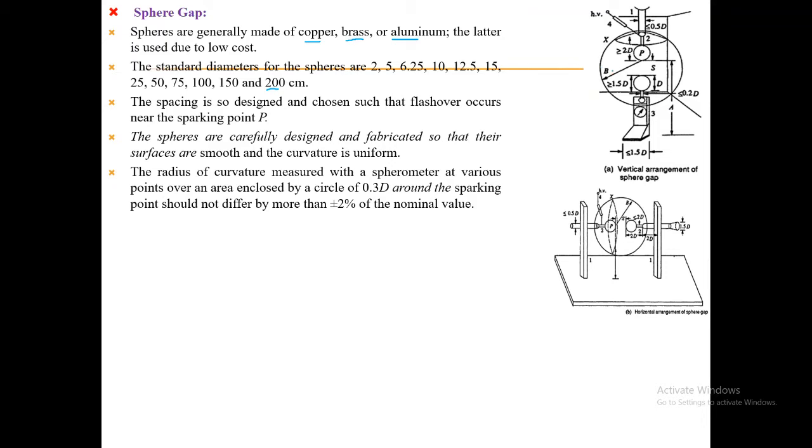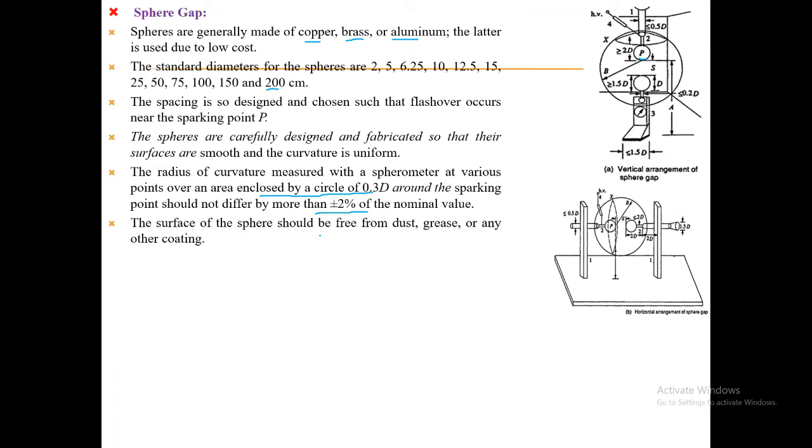The radius of the curvature is measured with the spherometer at various points over an area enclosed by the circle of 0.3D around the sparking point. It should not differ by more than plus or minus 2% of its nominal value. So to measure that sparking point diameter, normally the spherometer is used.